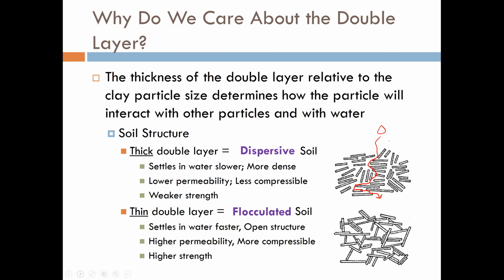Because of that, this type of structure tends to settle faster in water. It's more open, but because it's more open, it tends to be more compressible and thus settle more when we put a load on it. It has a higher permeability because the water doesn't get trapped in the double layer as easily, and it also has higher shear strength because these particles tend to lock up and interlock themselves a little bit better than they do in the dispersive soil.